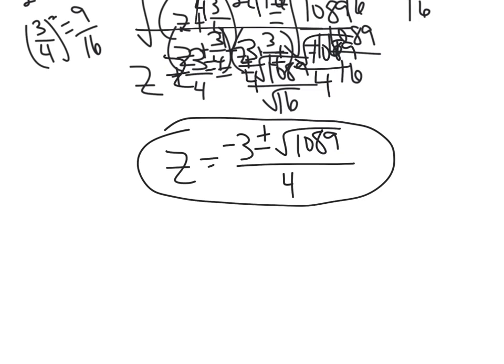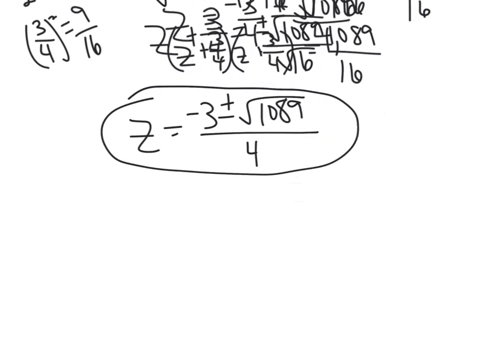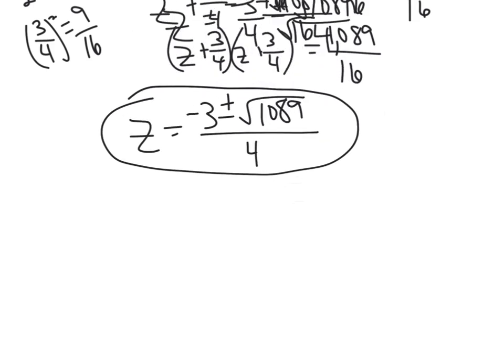And then if we wanted approximate answers. So actually, square root of 1089 doesn't look very nice, but it actually is 33. So we can actually work this down all the way.